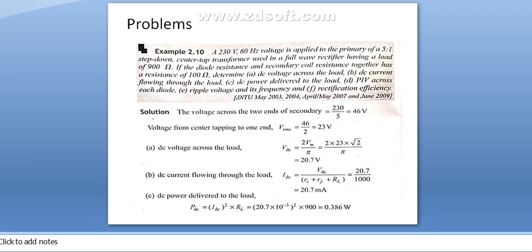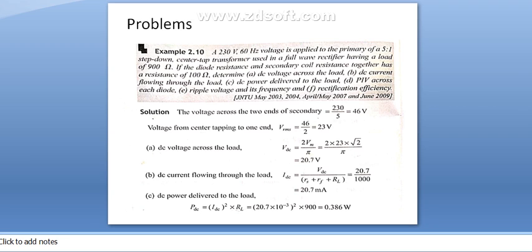So then the voltage across the secondary winding is 230 by 5, that becomes 46 volts. That is the voltage across the secondary, right? It is 230 by 5, since the transfer ratio is 5:1.